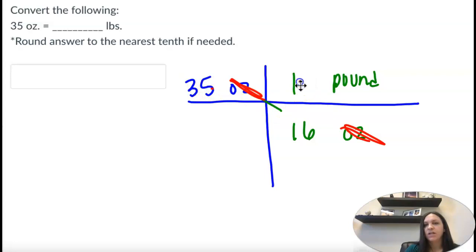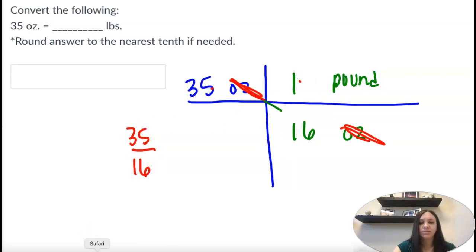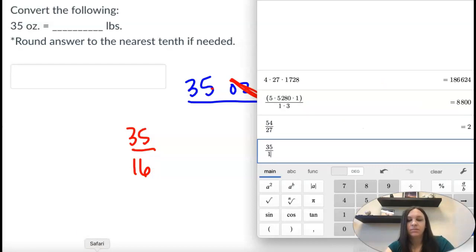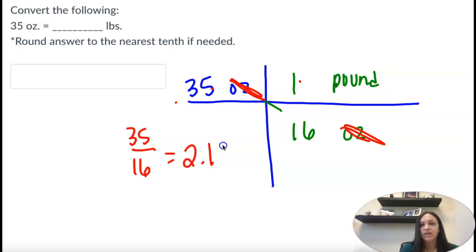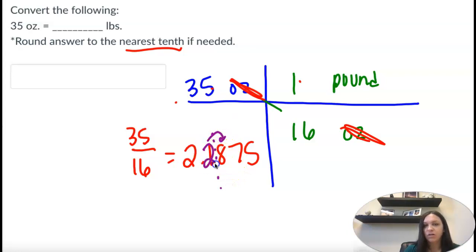So 35 times 1 is 35, and then divide by 16. 2.1875. Round to the nearest tenth. That means 1 number after the decimal. So we're going to look next door. That's greater than 5, so this 1 changes to a 2. Good luck.